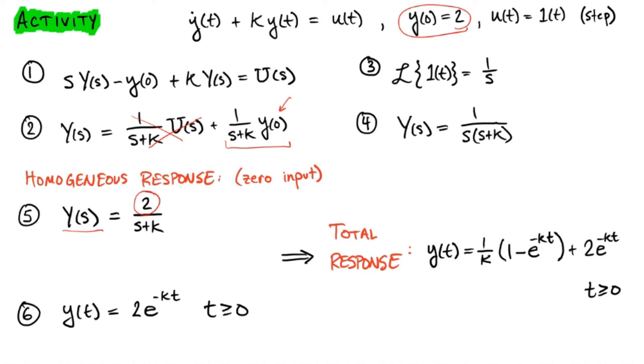Here I don't have to do any partial fraction expansion. This is already in my lookup table, and that gives me this exponential solution. The complete solution is then the solution we found due to the input plus the solution we found due to the homogeneous or initial condition response.